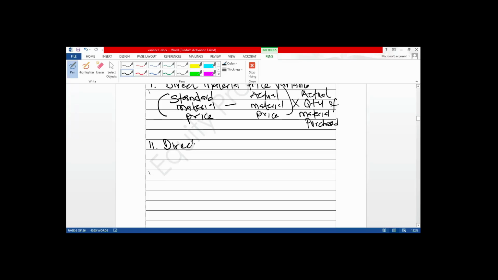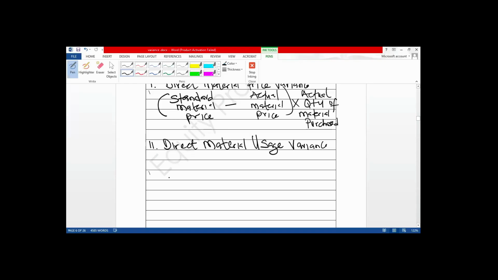Number two, direct material usage variance. What is direct material usage variance?